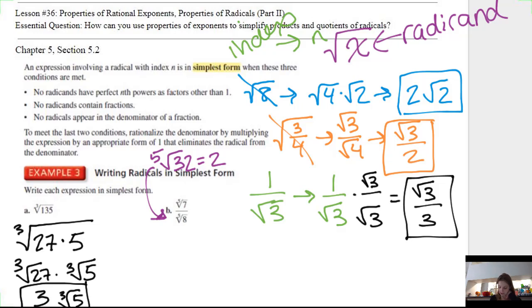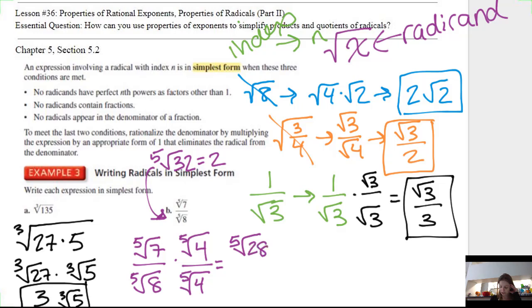And to do that, we now have the 5th root of 7 over the 5th root of 8, and I can multiply this by the 5th root of 4, right? 8 times 4 is 32, and if I multiply both the numerator and denominator by the 5th root of 4, I'm just multiplying by 1. Now I have the 5th root of 28 over the 5th root of 32. The 5th root of 32 is 2, so I have the 5th root of 28 over 2.